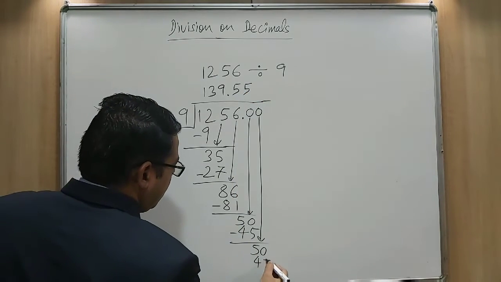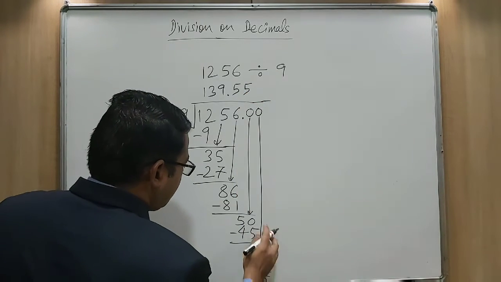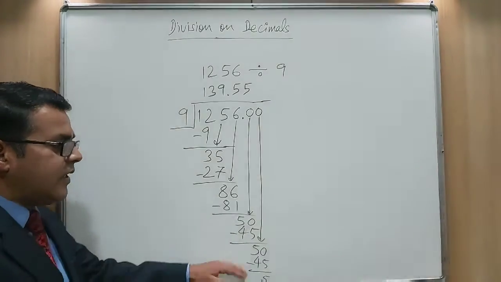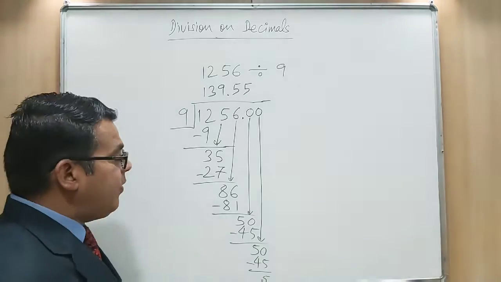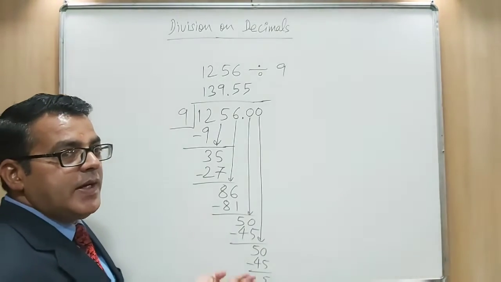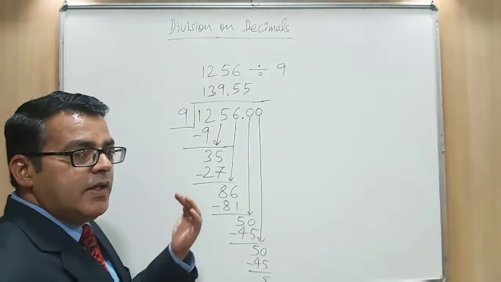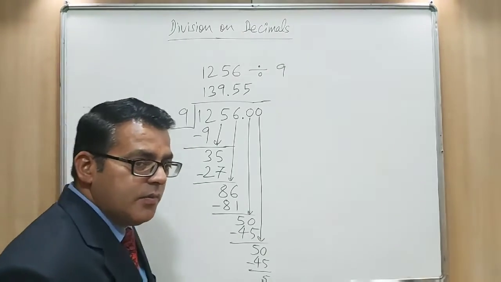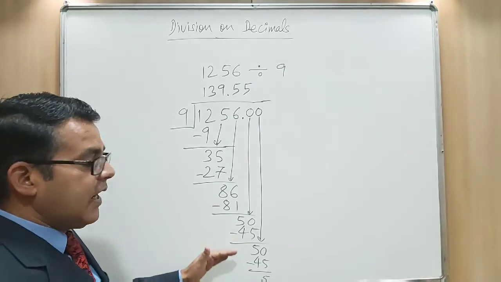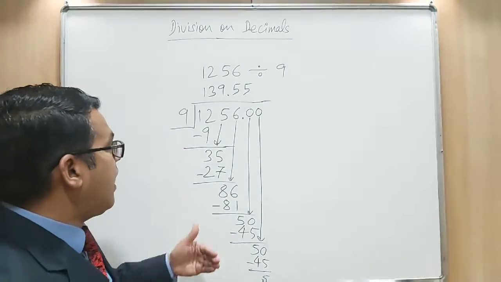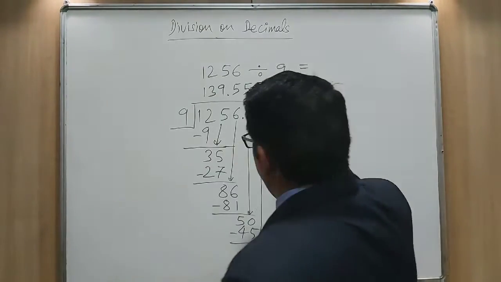Now you can see here this 5 is repeating. It means it is non-terminating, as I discussed before. If we are dividing any number by 3, by 6, by 7, and by 9, we will always get a non-terminating value. So our answer will be in approximate format.